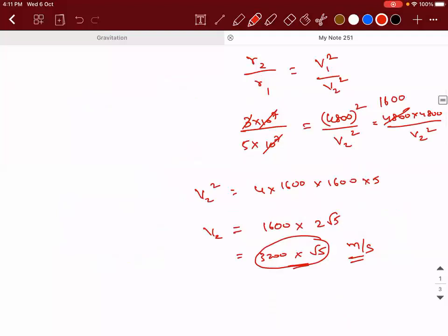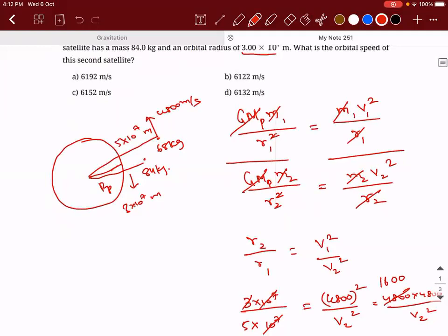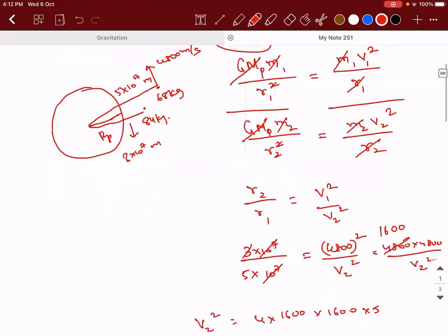The root 5 is 2.23. Okay. So 3,200 into 2.23 is 7,136. Yes, sir. Then I think this should be right. It should have been 7,136. Did I miss something?